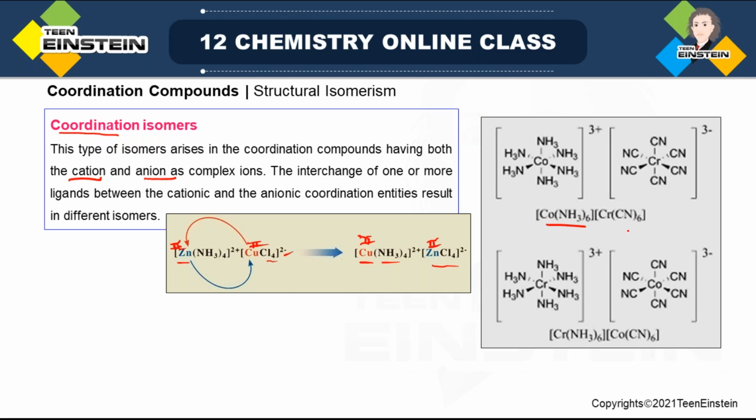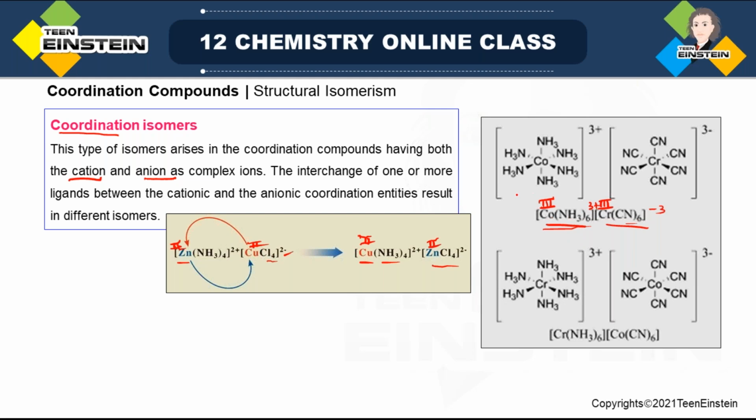Some more examples. Co(NH3)6 and Cr(CN)6. Ammonia is a neutral ligand, and CN is an anionic ligand. Here the oxidation state is 3, which is also 3. Chromium carries a positive charge of 3 and there are 6 cyano ligands, that means 3 negative charge will be present outside the coordination sphere. In the left-hand cationic part, ammonia is neutral, so outside the coordination sphere there will be 3+ charge.